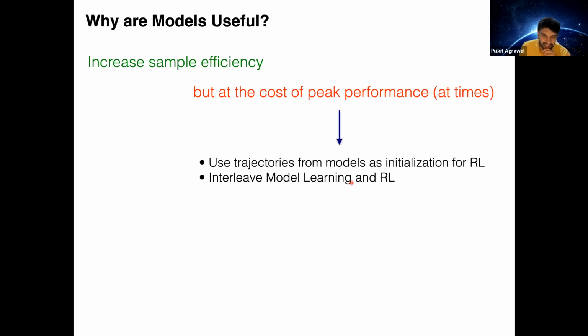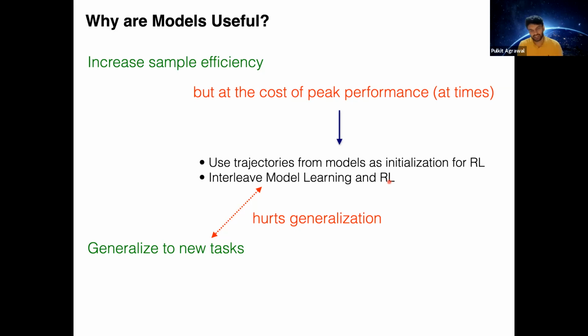But if we do either one of them, then generalization to new tasks becomes hard, because if model learning and RL are interleaved, I am biasing my model to work well for the kind of data which is necessary for solving that task. So there's a trade-off between learning a general model versus achieving very high performance on one task.